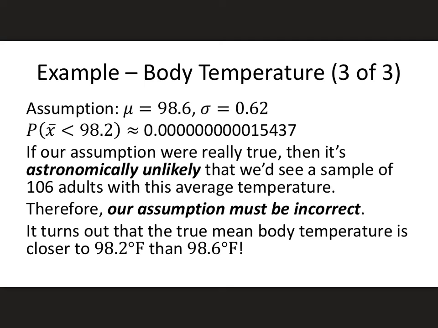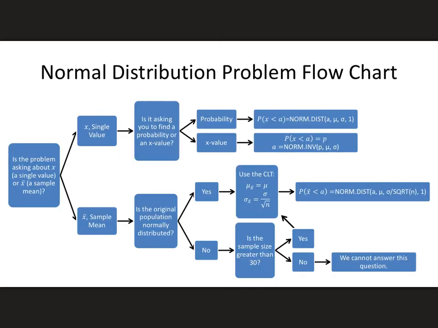So if our assumption were really true, then it's astronomically unlikely that we would see a sample of 106 adults with an average temperature of 98.2. Therefore, our assumption must be incorrect, and it turns out that the true mean body temperature is closer to 98.2 than 98.6.